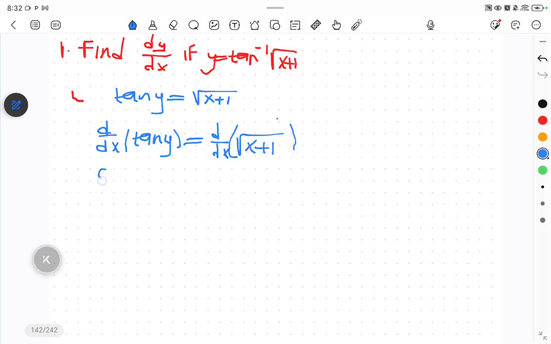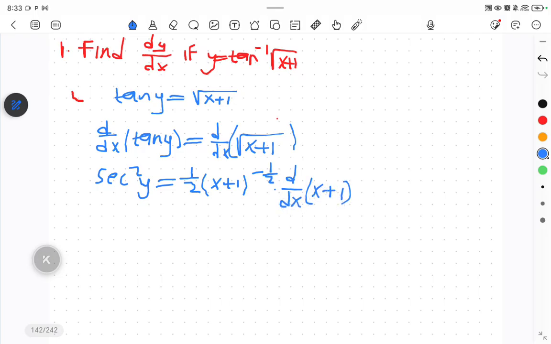Then this will be sec squared y, which is equal to the derivative of the root of x plus 1. That will be 1 over 2 times (x plus 1) to the power of minus 1 over 2 times the derivative of the inside. You see, right?